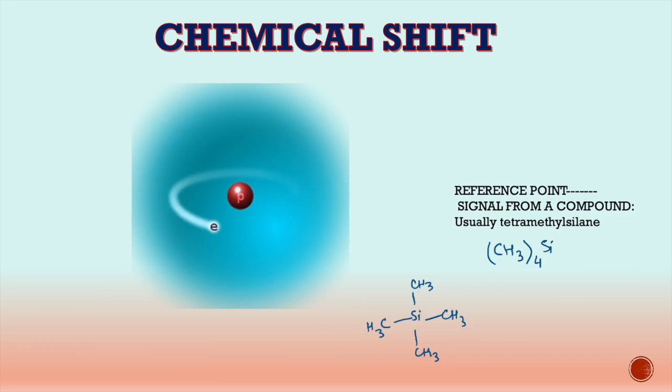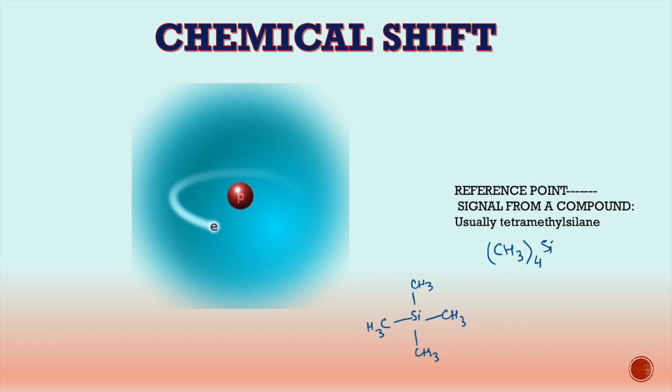The reference point from which the chemical shifts are measured, for practical reasons, is not the signal from a naked proton, but the signal from an actual compound. Usually tetramethylsilane is taken, (CH3)4Si. The question arises, why only tetramethylsilane? Because of the low electronegativity of silicon.